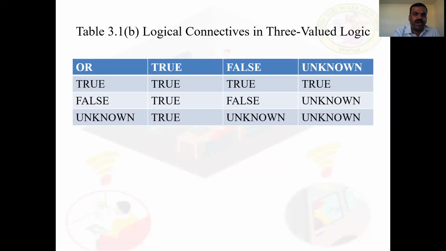False OR true, true. False OR false, false. False OR unknown, unknown. Unknown OR true, true. Unknown OR false, unknown. Unknown OR unknown, unknown.